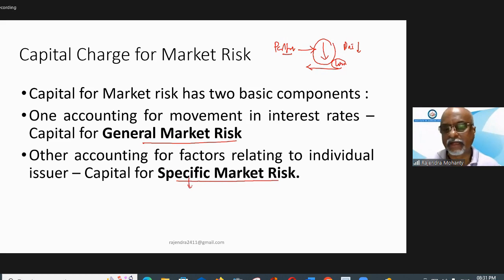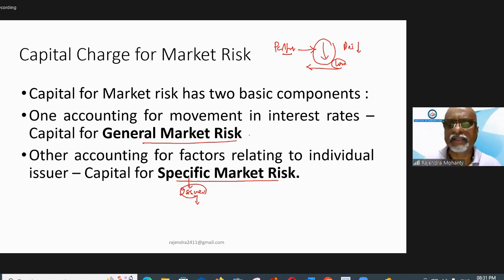It is calculated for a specific issuer according to the risk factor, which might be downgrading of rating of that issuer, or losses of that issuer, or NPA has happened to that issuer, whatever it may be.